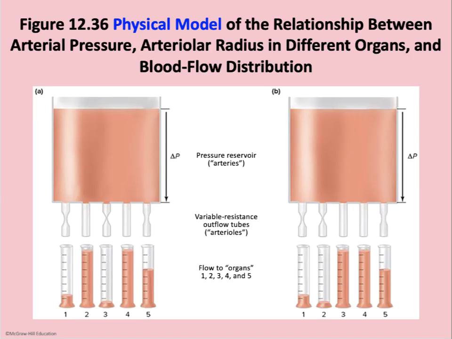This lab equipment does a fantastic job of giving you an analogy with respect to how arterioles work. So here's your blood in the arteries, and the arterioles are then diverted to various organs, and they have smooth muscle along their lengths that's controllable.